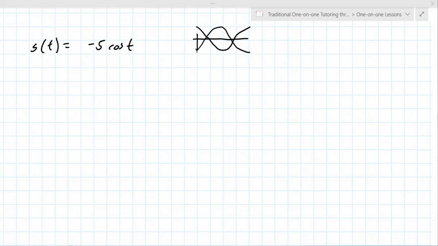And then the derivative, do you know the derivative of this? Is it, well, cosine of negative sine, right? Yes, so the derivative of cosine is minus sine, so S prime of t is -5 times negative sine of t. And so the two negatives cancel and you get 5 sine t.